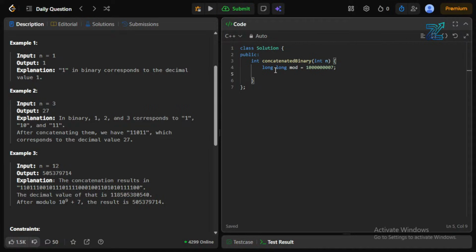Because the number becomes extremely large. This is a common trick in competitive programming to prevent overflow. To prevent overflow, we use this mod because it is a very large prime number which keeps the number in a safe integer range, right?